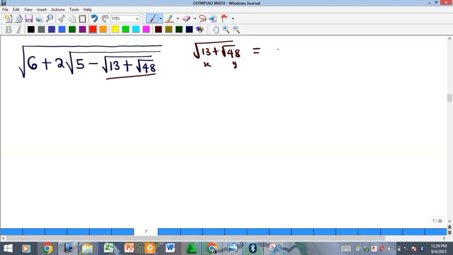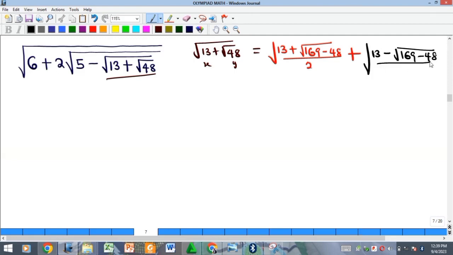Remember the formula: it's the square root of x, which is 13, plus the square root of the square of 13, which is 169, minus 48, all over 2. Then plus, since we have addition here, we add the square root of the same 13 minus the square root of the same 169 minus 48, all over 2 also.